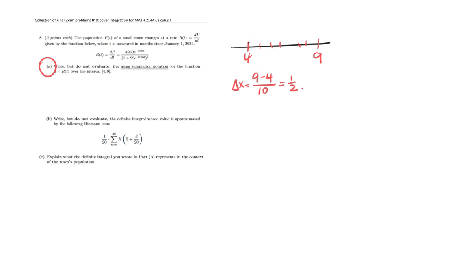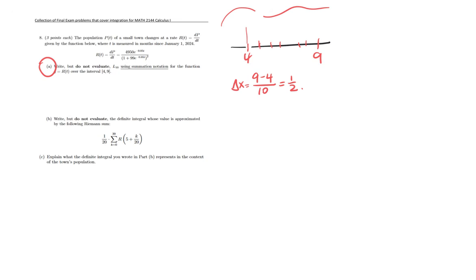And then I'll be finding the heights of the rectangle by plugging in the left-hand side. So for the first rectangle, whatever my function is, I'm going to plug in the left-hand side and use that to evaluate the height of my first rectangle. Oh, sorry, that was the right-hand side.